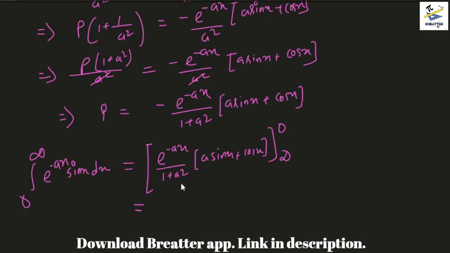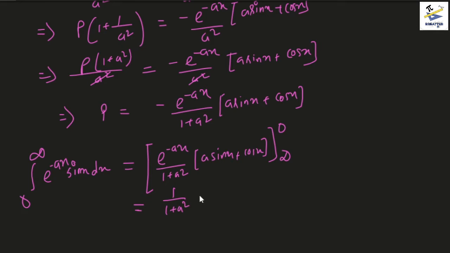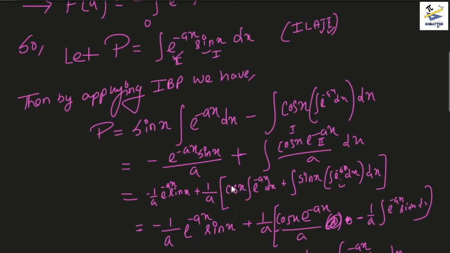So when you put 0 in here, what you get is 1 by 1 plus a square, and when you put infinity you get a 0. So this is basically the answer, right?